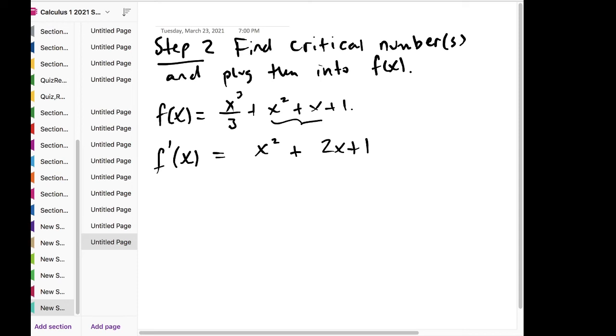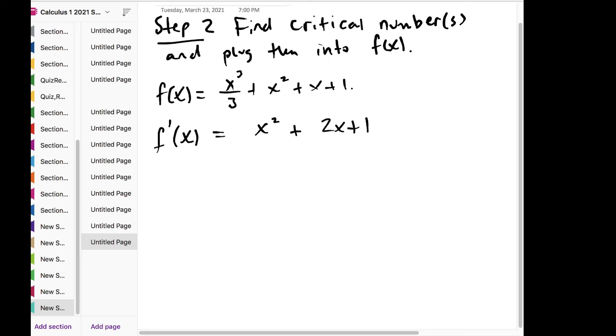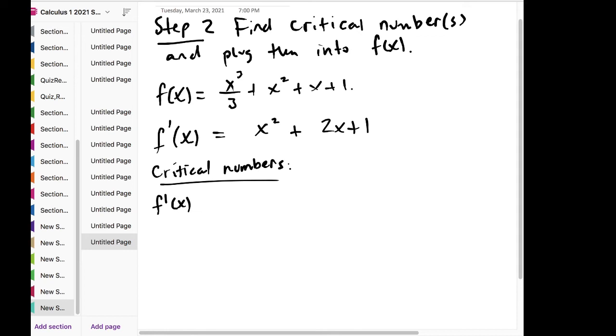Okay, how do I find critical numbers? Yeah, where it's equal to 0 and where it doesn't exist.